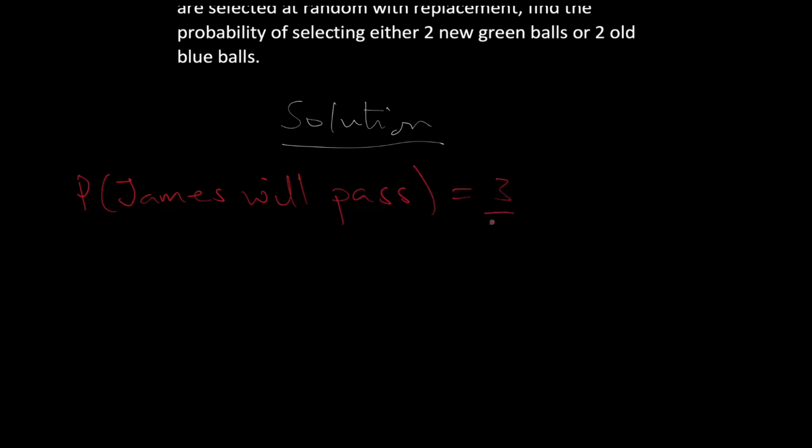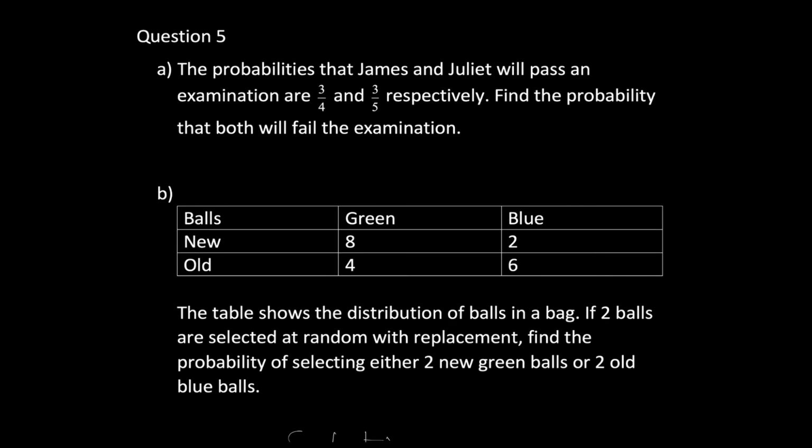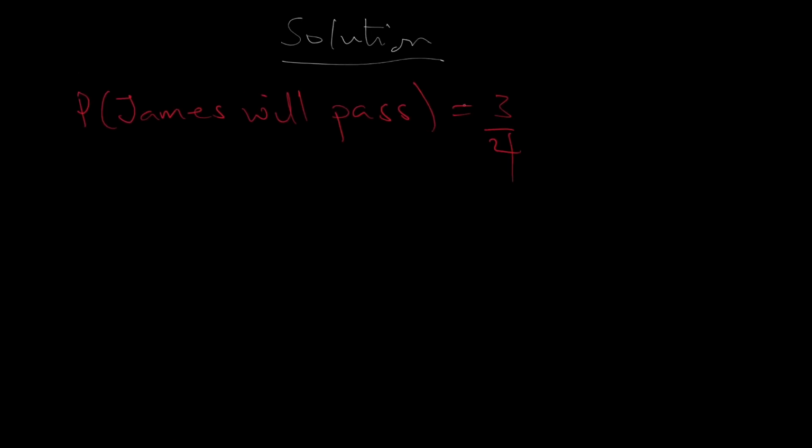The probability that James will pass is 3/4, and the probability that Juliet will pass is 3/5.